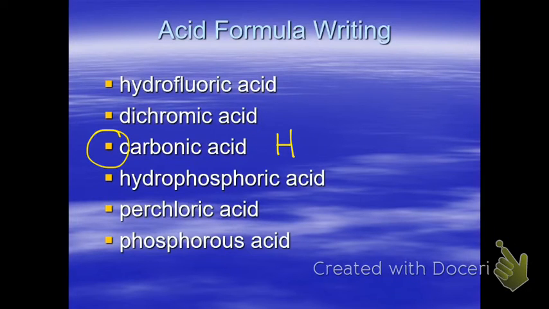Well, look at the ending. It ends in ic, which means it came from a polyatomic that ends in ate, carbonate, which is CO3, and it has a -2 charge. What is hydrogen's charge? It's in group 1.